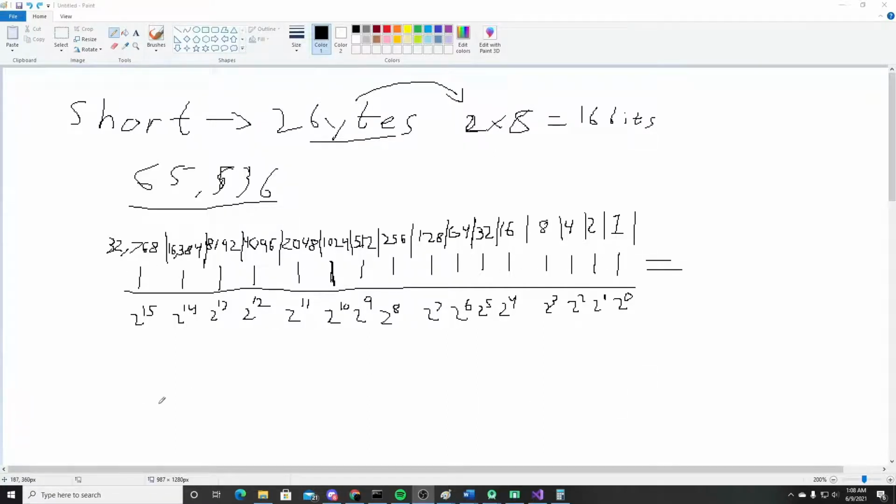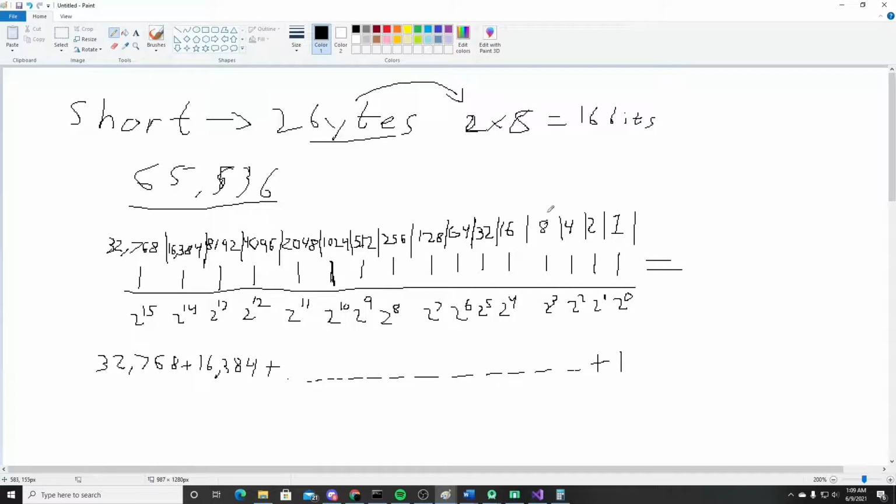If we follow our rules for how to convert a binary number to the corresponding decimal number, since these are all 1s, what we would have is 32,768 plus 16,384 plus, and then we would just continue down the line. So plus 8,192 plus 4,096. I'll just do dots to represent all of this, all the way until the end where we would have plus 1, because we even have a 1 in our ones place.